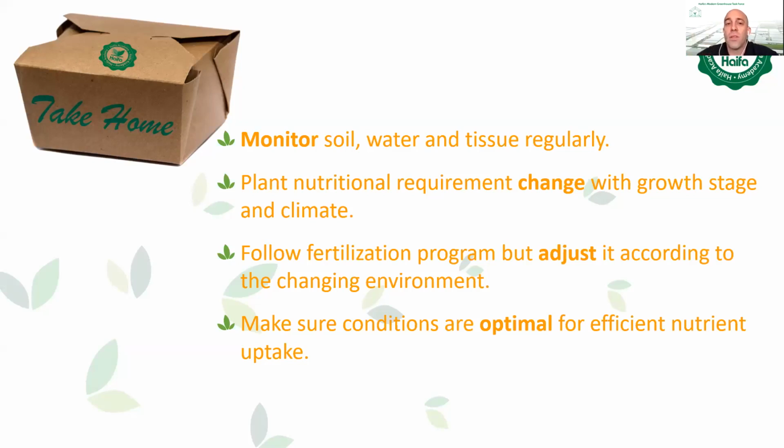And if you have different analyses that say we have to increase some nutrient or another, you can adjust the fertilization program. The most important thing is to make sure you have optimal conditions for nutrient uptake, because you might supply all the nutrients exactly like the fertilization program, but maybe the pH is off, maybe the irrigation is not right, maybe the EC is too high, and this might impair plant nutrient uptake.